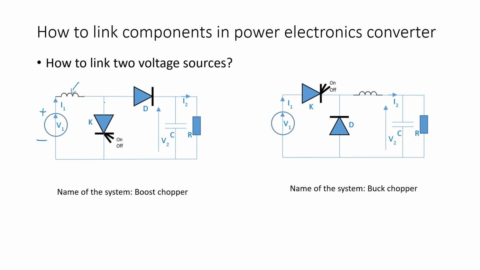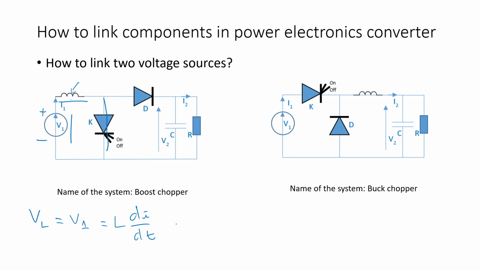To simplify things, I choose the easiest condition. When this one is on, you have relationship, by Kirchhoff voltage law, voltage here and voltage here must be the same, right? So VL and V1 must be the same. And then VL, you have relationship L dI over dt.